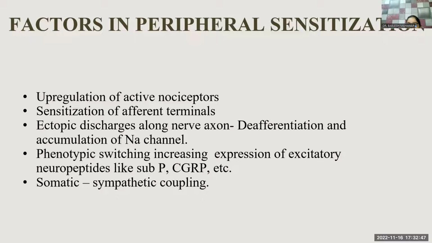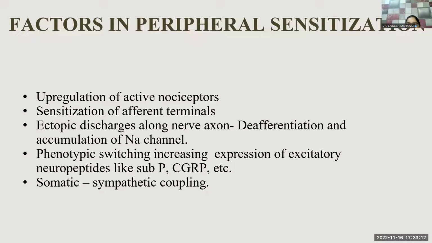With these sodium channels, when a continuous stimulus is coming, just as an example, we can say that so many goods are coming in trucks on a highway, and if there is a block on the highway or a break in a flyover, then all the goods and trucks will accumulate at that part.